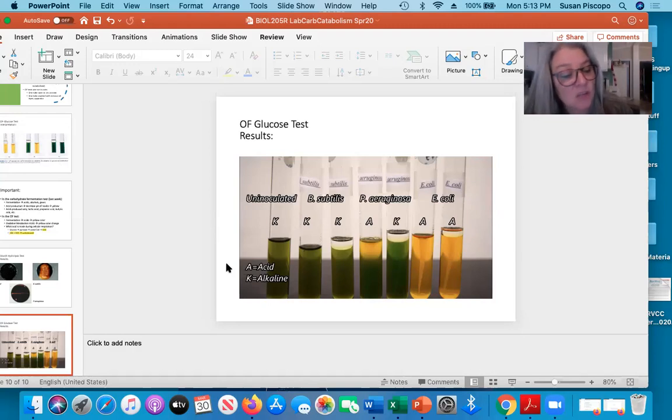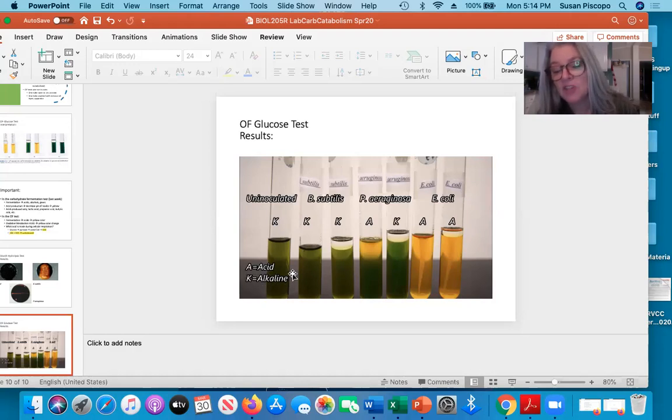The next column over says color, and you can see it's split into the aerobic tube column and the anaerobic tube column. So look at the Bacillus subtilis tubes first. Here's the uninoculated tube. Here's the control tube. So this tube had no organisms put into it, and there's that green color. Now, they've got this marked K for alkaline.